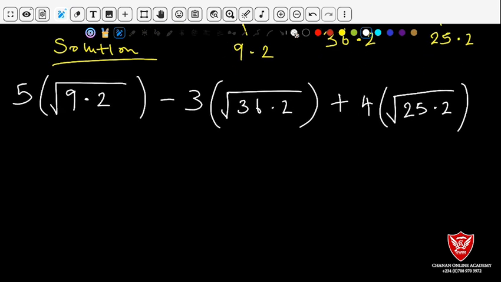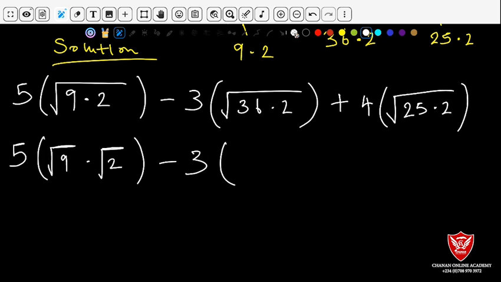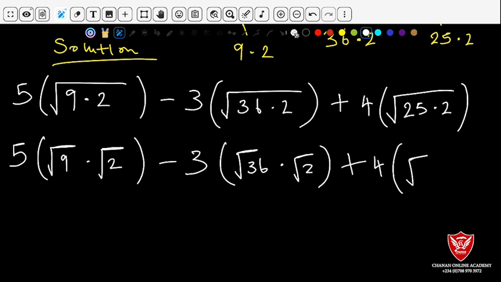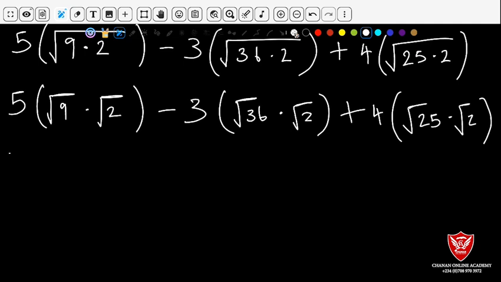And this can be further broken into 5, the root of 9 multiplied by the root of 2, minus 3 brackets, the root of 36 multiplied by the root of 2, bracket close, plus 4 brackets, the root of 25 multiplied by the root of 2, bracket close.